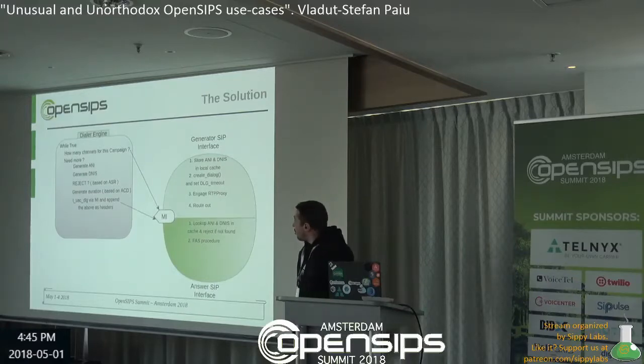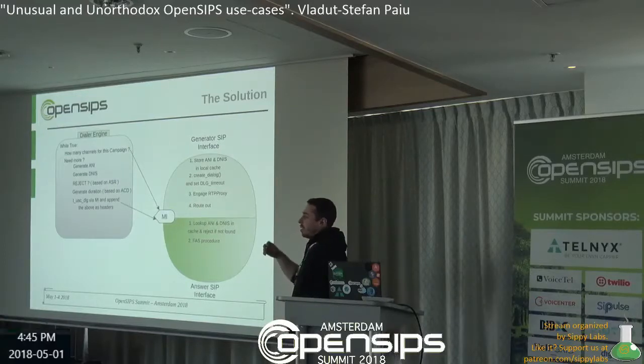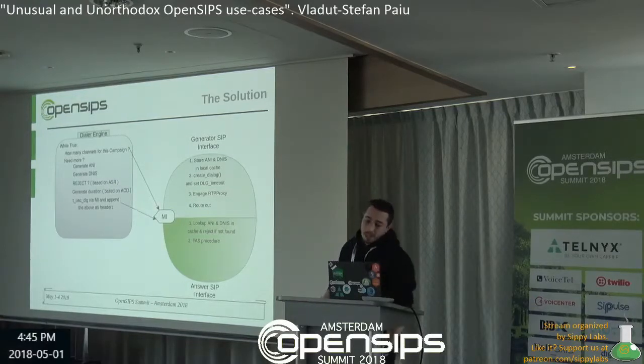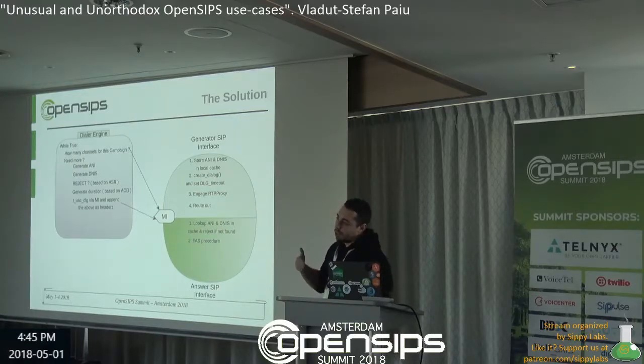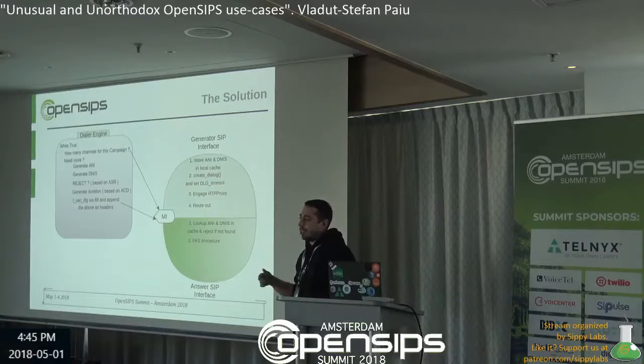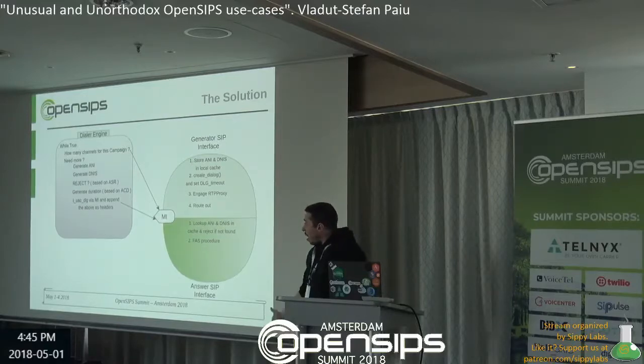So in short, the solution looks like this. We have a dialer engine that daily polls, okay, how many channels do I need for this fake dialer traffic campaign? So it's going to be 1,440 minutes a day. So if we target 10K minutes a day generated, we have to have around 8 channels open on average.